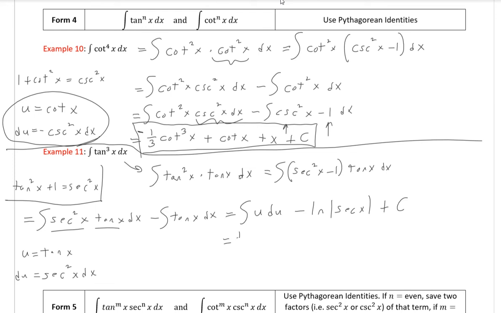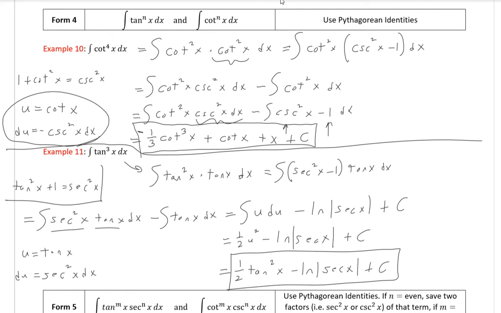And so this one's going to give us 1/2 u squared, minus natural log of secant plus c. And again, that's going to give us another constant, which just combines with the other one. So we get as a final answer 1/2 u, which was tangent, so 1/2 tangent squared x minus natural log of secant x plus c. And that's it. It's all about using those identities and using substitution.